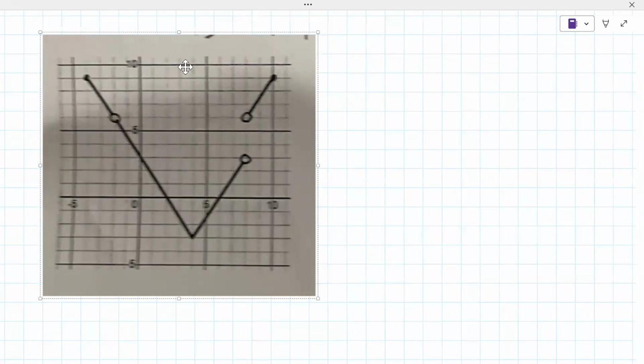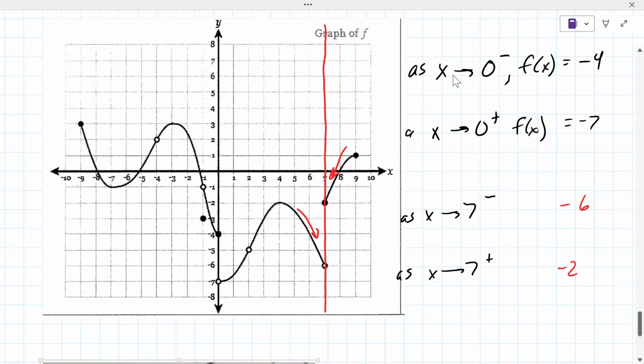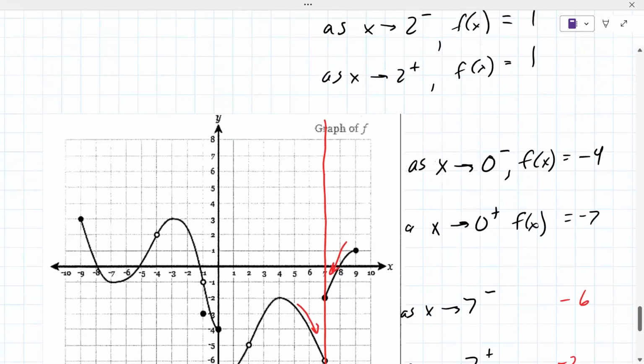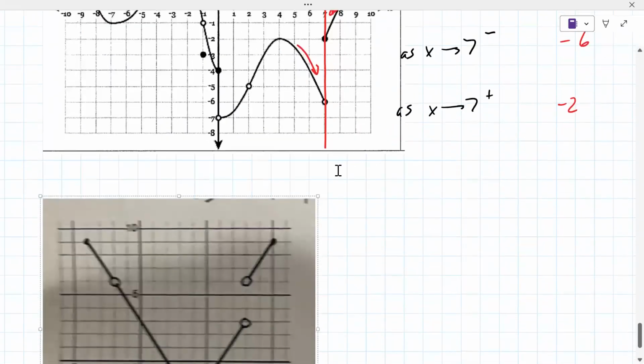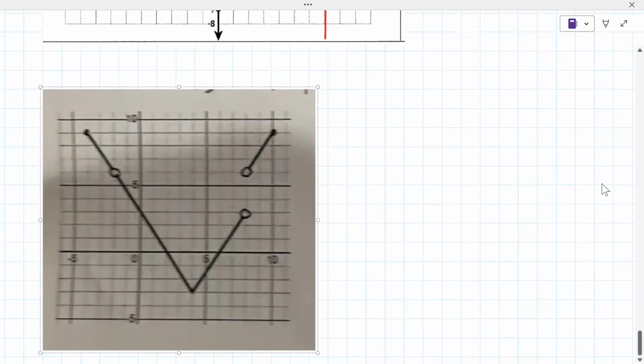Like in the previous problems, I always gave you as x approaches. You have to decide that here. There's only one place, so I'm going to assume it's in between the 2 points that are connected.